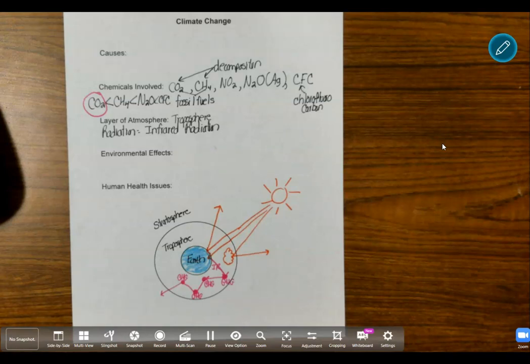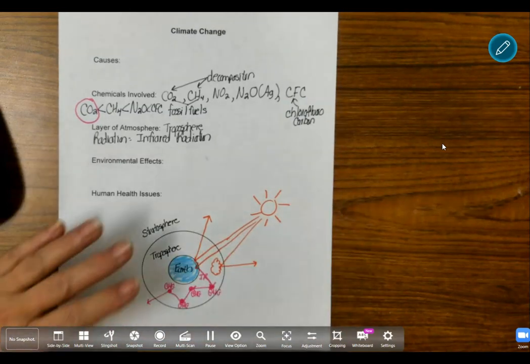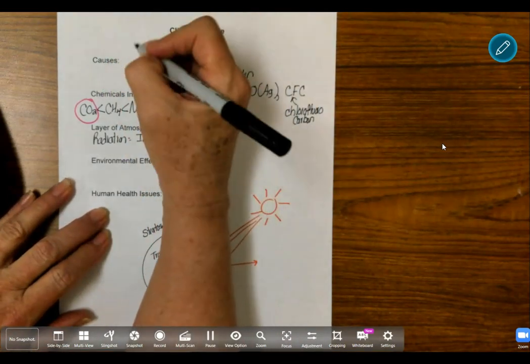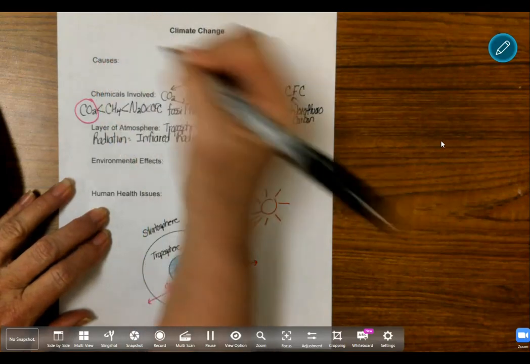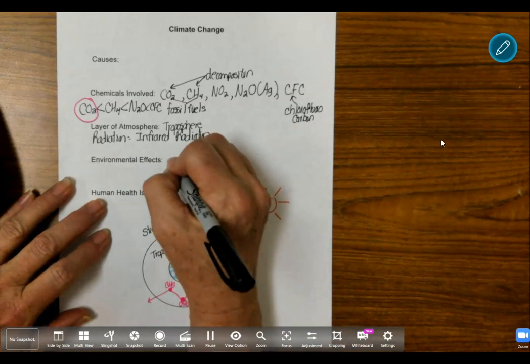All right. Now, let's look at where some of these things are coming from. This will be a little bit of an introduction into what's coming up in our unit. So this will be a great summary. The causes of some of these things, we can look at where the carbon is in our environment. Let's look at our environmental effects first.